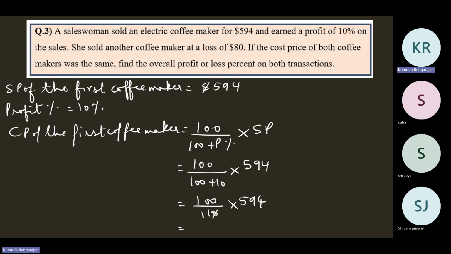So see here, 0 and 0 cancels. 11 ones are 11, 11 fives are 55. 4's a remainder. 11 fours are 44. It's $540.